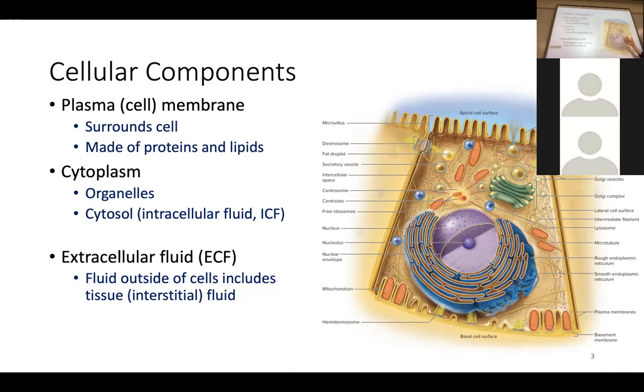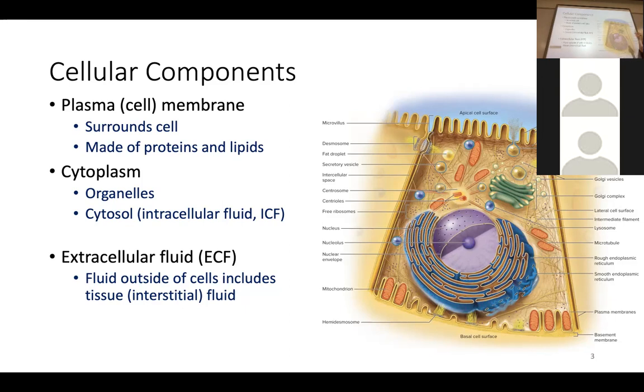When we talk about tissues, I'll be mentioning ICF and ECF. ICF refers to intracellular fluid, so the fluid inside the cell. Extracellular fluid is obviously everything outside the cell. So we have fluid in our cells, we have fluid outside our cells.